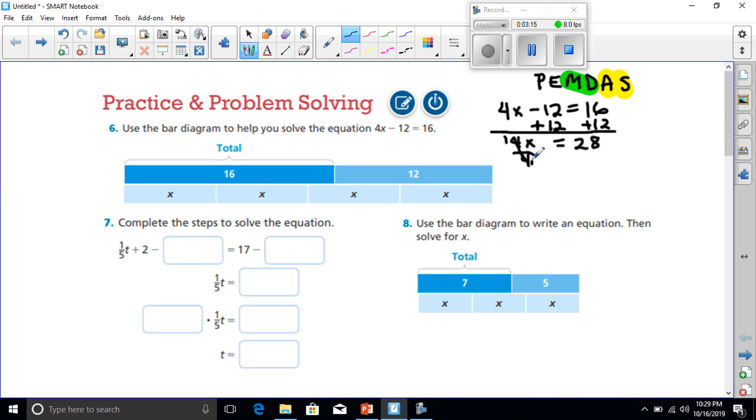Now I have 1x over 1, which is just x. And that helps me because now whatever I divide from one side, I have to divide from the other. And I know that 28 divided by 4 is 7. So I used the bar diagram to show me that when I have 28, if I divide it by 4, that's going to equal 7.